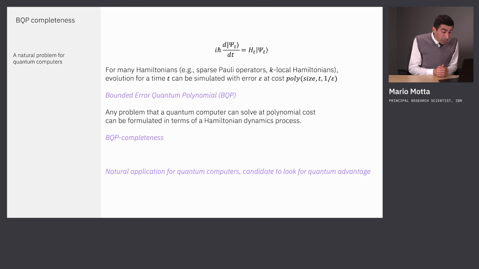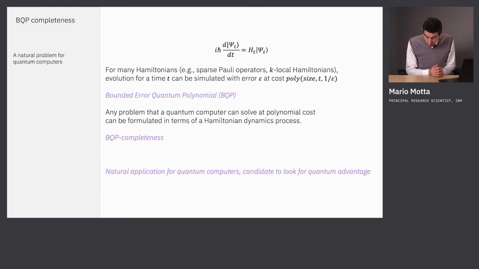Not only that, but also any problem in the BQP class, any problem that a quantum computer can solve at polynomial cost with a controllable error can be reformulated in terms of a Hamiltonian dynamics process, in terms of the simulation of the time evolution under a perhaps a bit more exotic Hamiltonian.